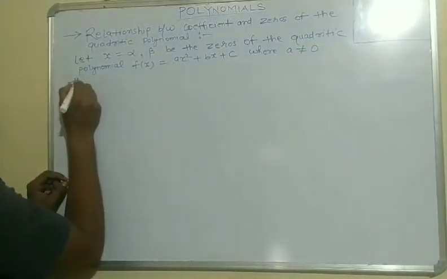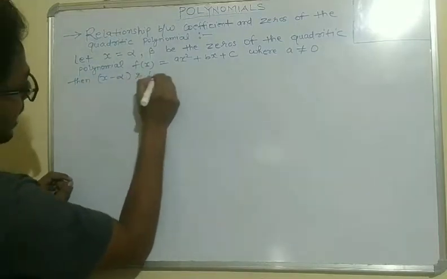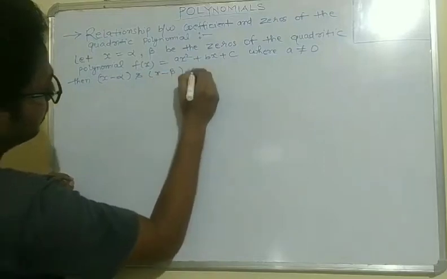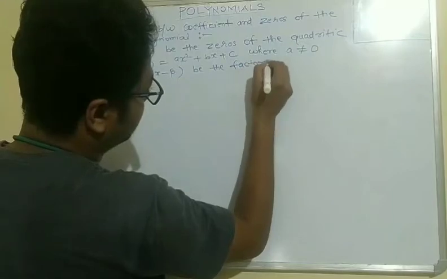Then x minus alpha and x minus beta are the factors of the polynomial.